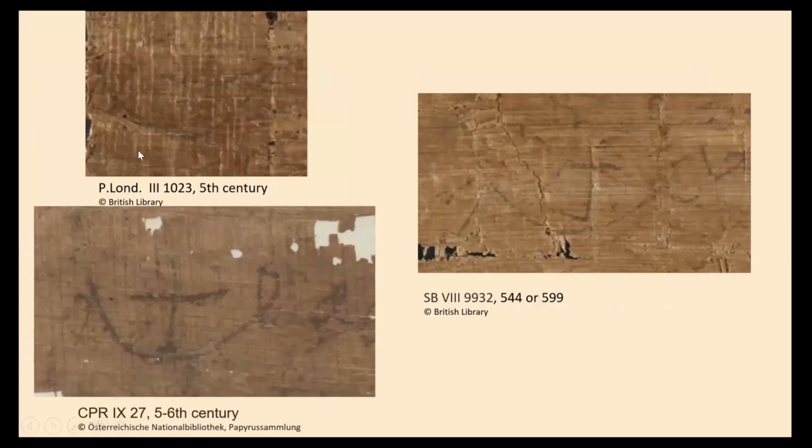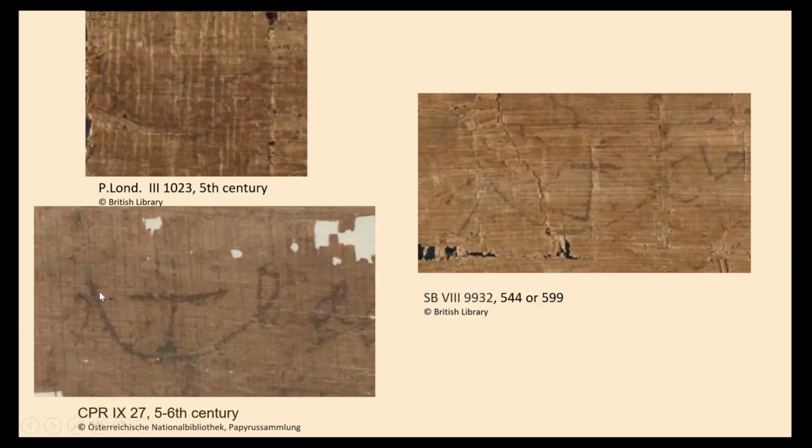So if we look at this papyrus, which is dated to the 5th century, we can notice the cross placed within the M, which suggests a date after 480, and the same can be said for this document, which was dated to the 5th or 6th century.